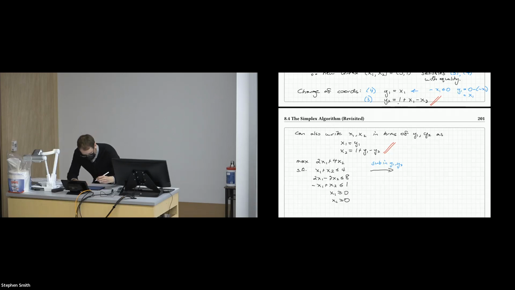My new LP looks like: maximize 2y1 plus 4 times (1 plus y1 minus y2), subject to the constraints: y1 plus 1 plus y1 minus y2 has to be less than or equal to 4. 2y1, kind of annoying to write, but we get the idea here, I think, less than or equal to 8.